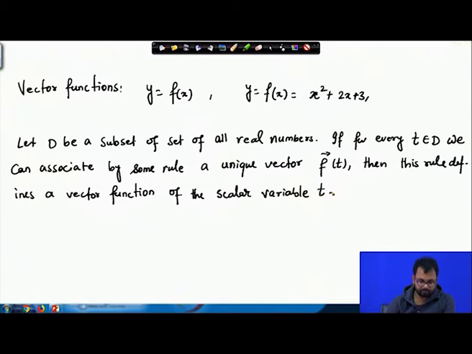Here f is basically a vector quantity, or a vector function, for the variable t.